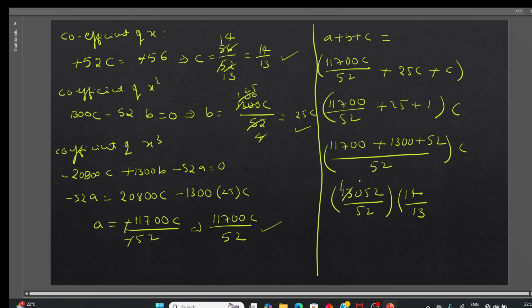So 13 ones are 13, 13 fours are 52. Here we get zeros and all, you can do it directly.